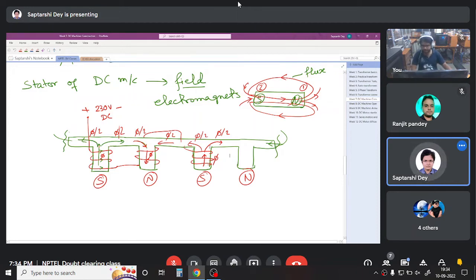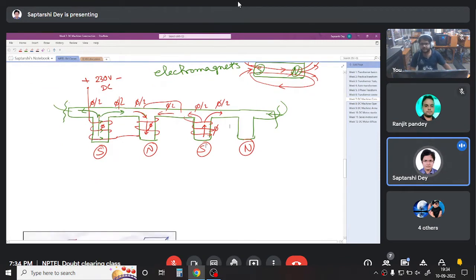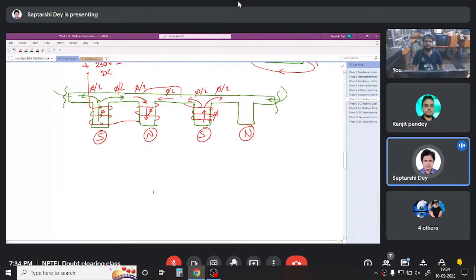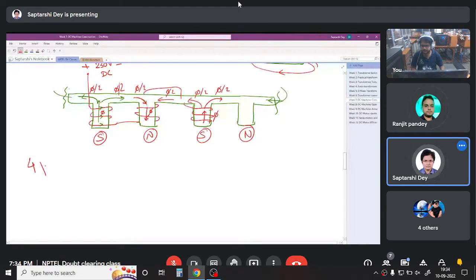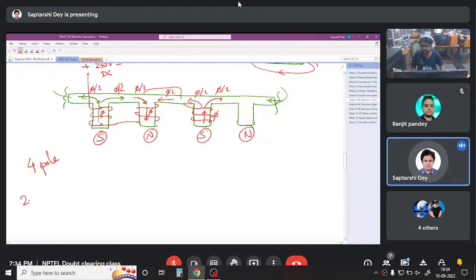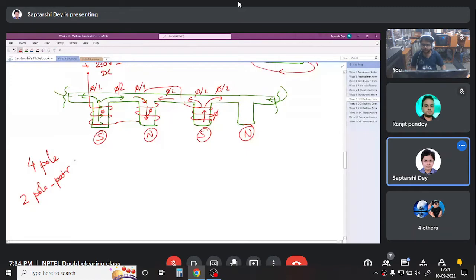Now, can you tell me the number of poles of this DC machine? From this diagram, can you tell me the number of poles? 4 poles, sir. So south, north, there are 4 poles. Yes, so this is a 4-pole DC machine, or sometimes people say 2-pole pair machine, whatever.